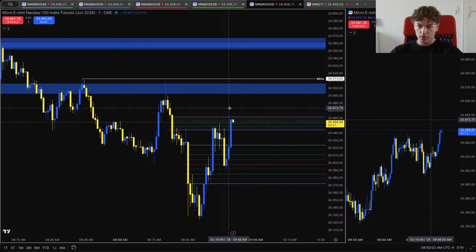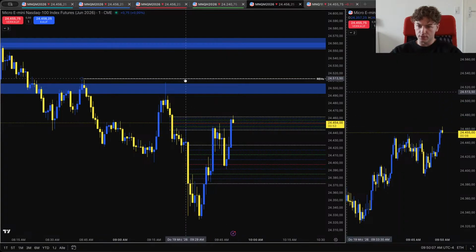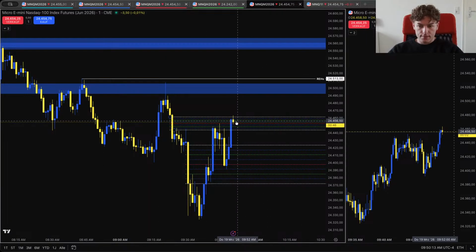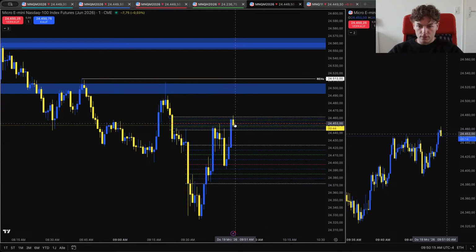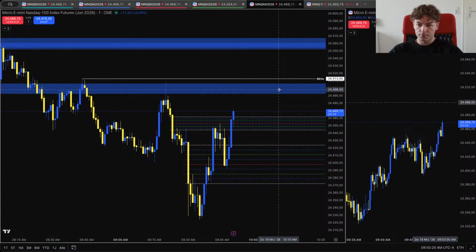If we get a close above this fair value gap, we are likely to see price take out these relatively equal highs. Let's see where this closes.